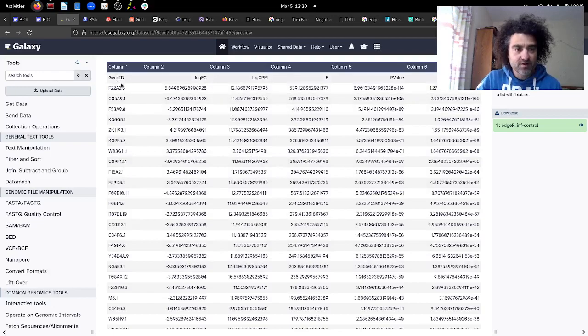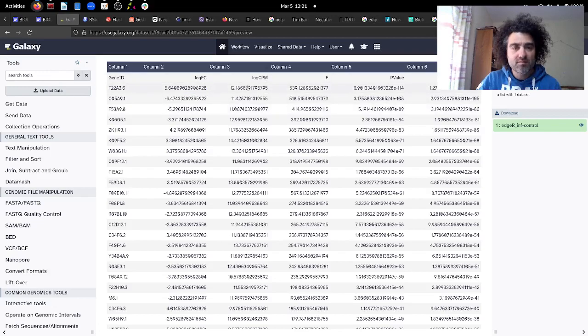The first column is the gene name, the second column is the log-fold change. For example, this gene here means that it's much higher expressed in the infection class compared to the control class, while this gene here is higher expressed in the control class compared to the infection class.